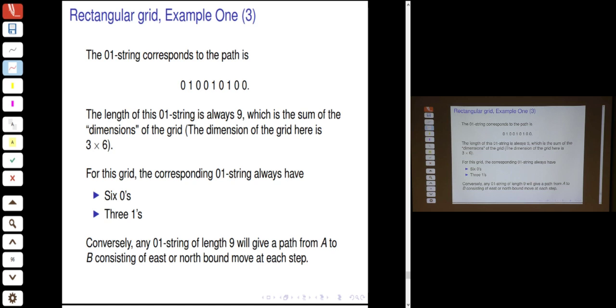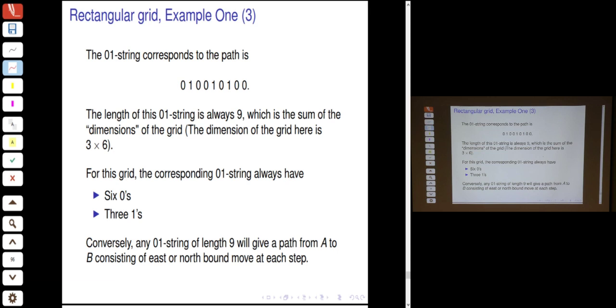On the other hand, if I give you a binary string of length 9 with 6 zeros and 3 ones, it always gives you a path from A to B, right? So I'm trying to say counting the possible routes is the same as counting the number of strings.